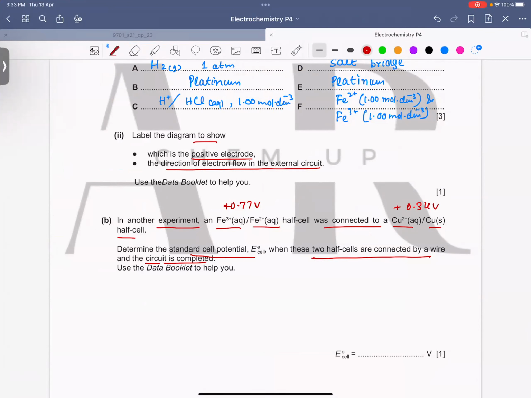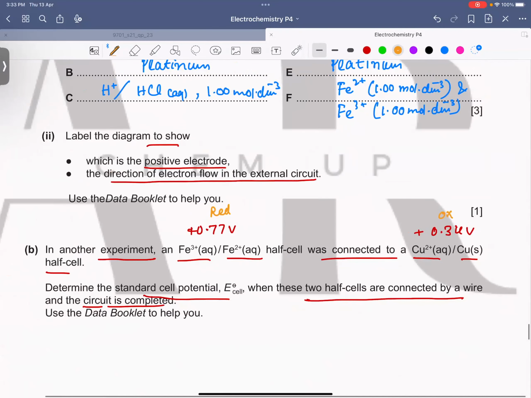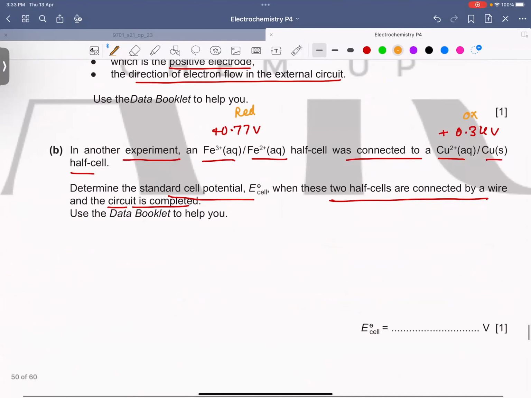Now, if we observe these values, what we can conclude is that here the reduction would occur and here the oxidation would occur, right? So E naught cell would be E reduction minus E oxidation.